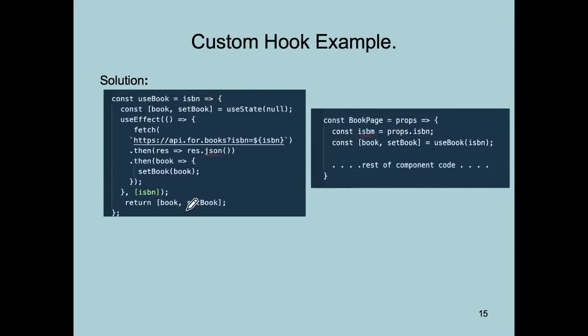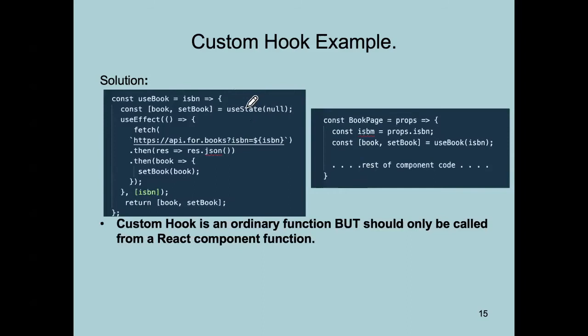And we need to return the current book details that are being stored inside here, because presumably within the JSX of the book page, it'll be displaying details about the book. So it's coincidental that it's returning the exact same return value as useState, the state variable that's being managed within this custom hook, but that is only coincidental.